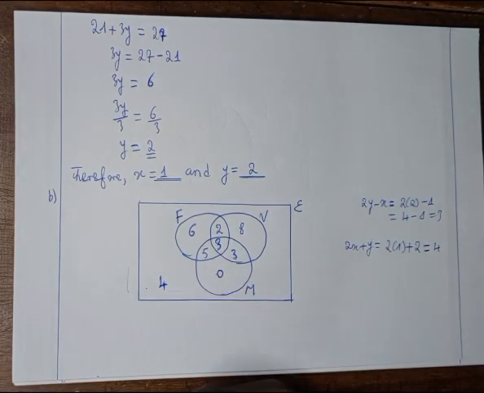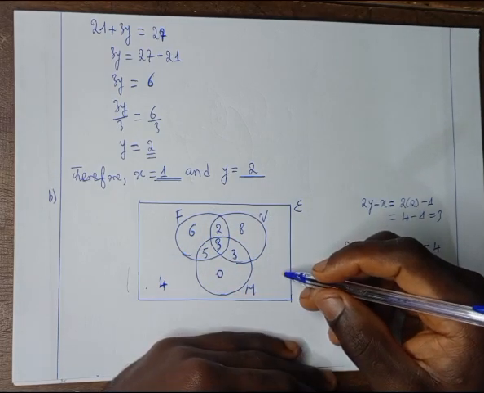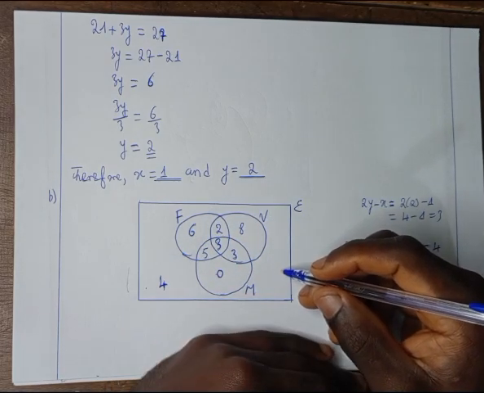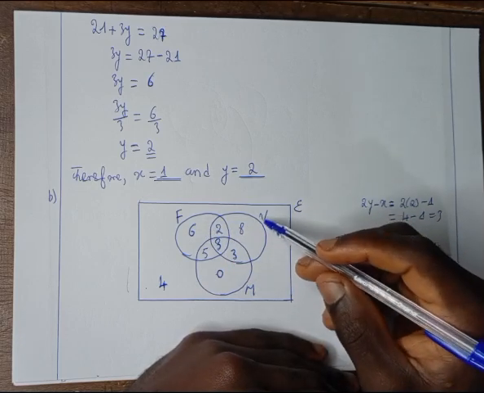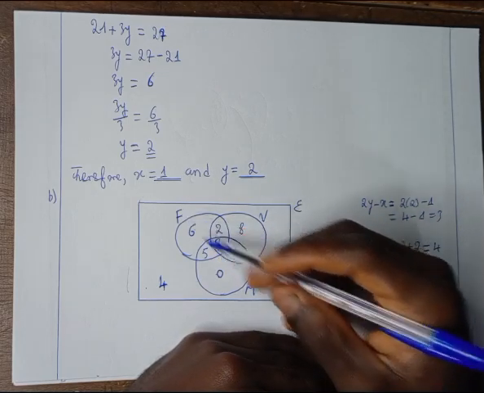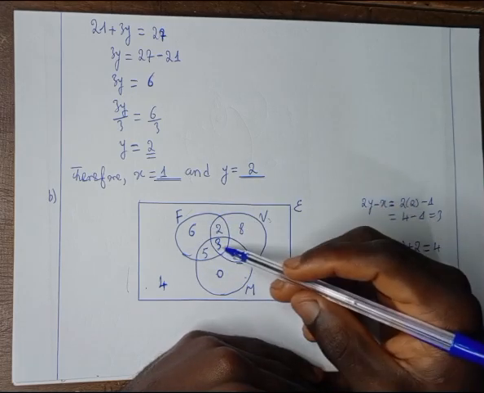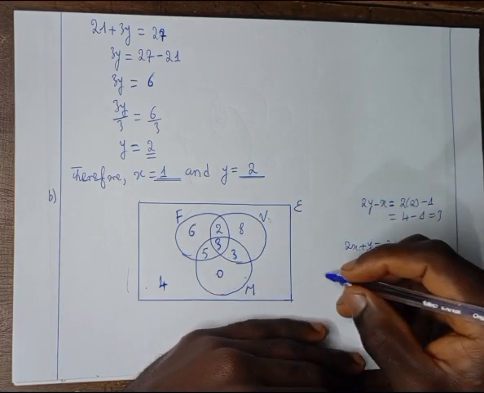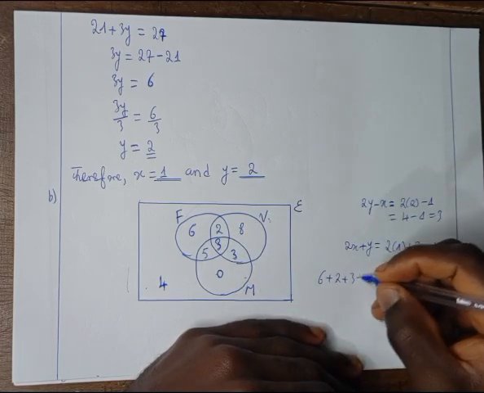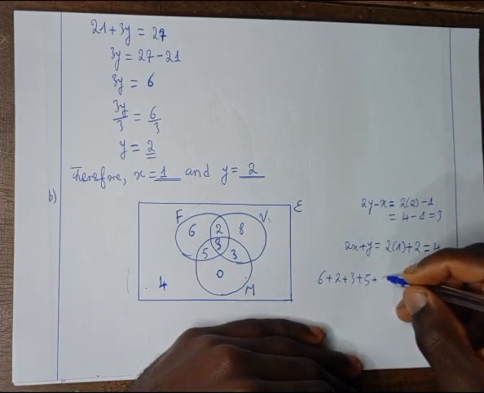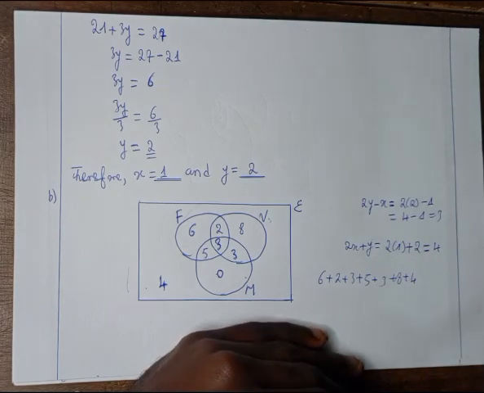Now, if we sum these values, all the number of times the person has either consumed a fish, vegetable, meat, or vegetable and meat, or fish and meat, or fish and vegetable, or all the three, or none of the three, we are going to have 6 plus 2 plus 3 plus 5 plus 3 plus 8 plus 4.